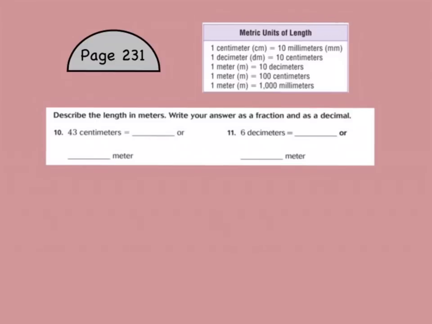Now, in order for us to create a fraction, we have to see what our denominator is going to be. And again, I see 10 decimeters will equal 1 meter. So I know my denominator will be 10. Our numerator, we only have 6 decimeters. So we're going to have 6 as our numerator.